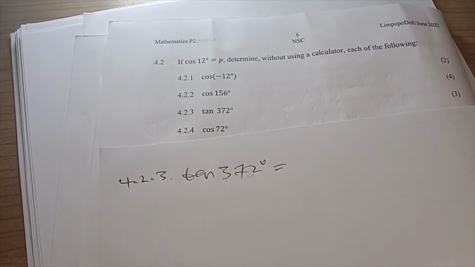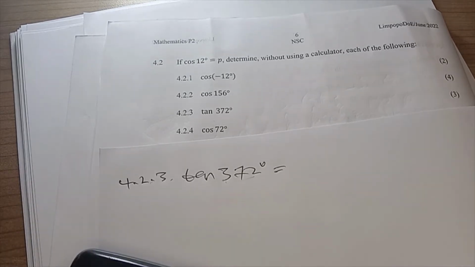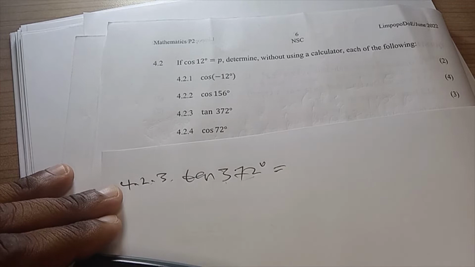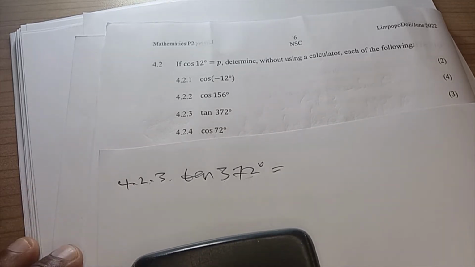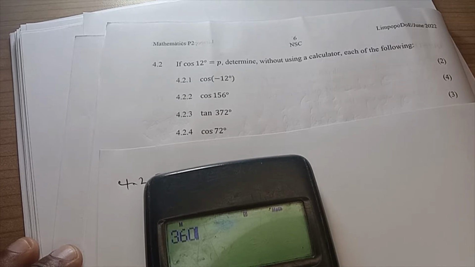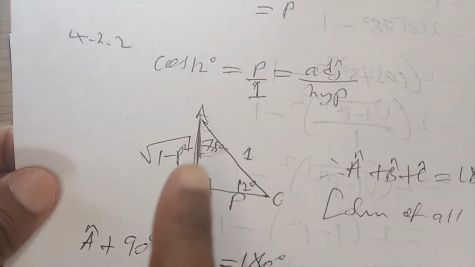And let's continue with our 4.2.3. Here we are having tan 372 degrees. When you check, it is next to 360. Then I'm going to try the quadrant in the 360. I'm going to say 360 plus one of my special angles. In my special angles I'm having 78, remember, and 12.